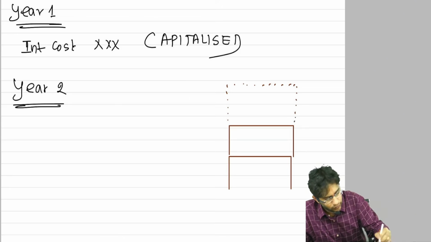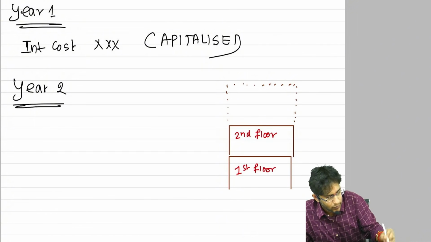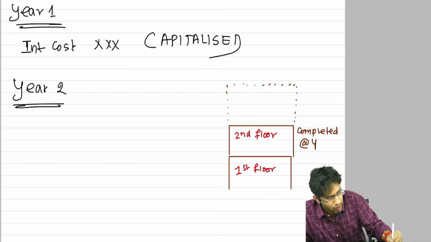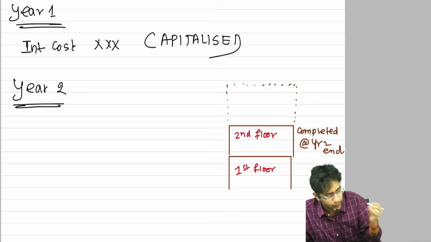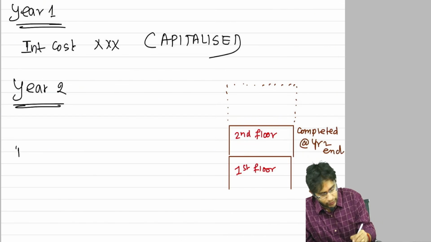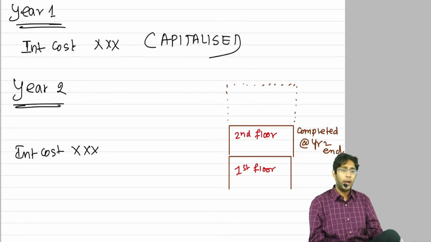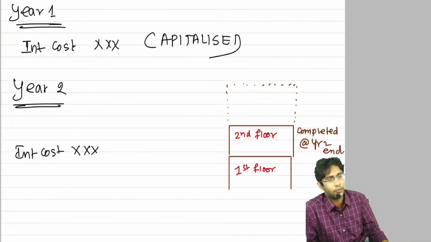If the second floor got completed at year 2 ending, you tell me now, what is to be done with the interest cost? Very simple guess. Capitalize or charge to the P&L account.